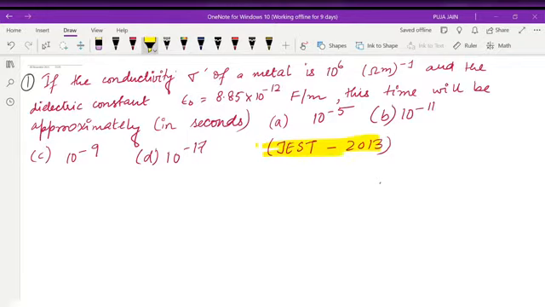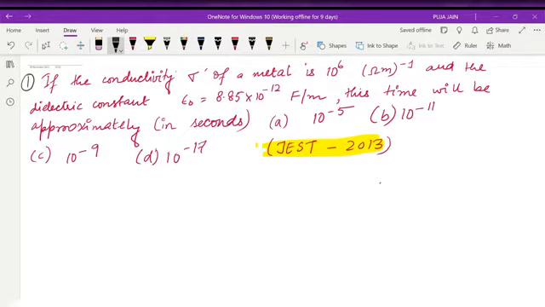Whenever we are preparing for any competitive exam, whether it is IIT JAM, CSIR NET, or any other MSc entrance exam, it is always useful to solve PYQs of different exams.